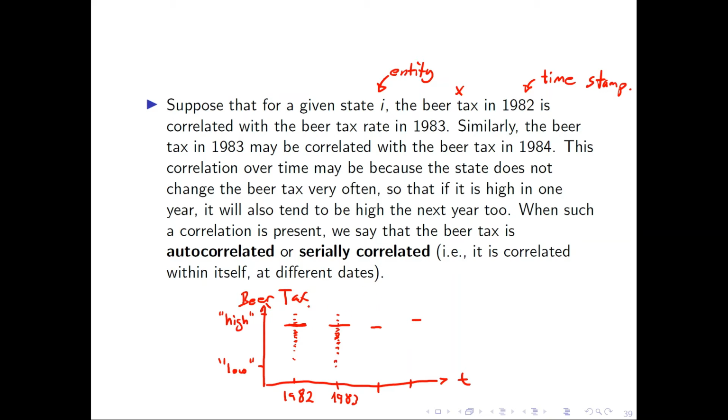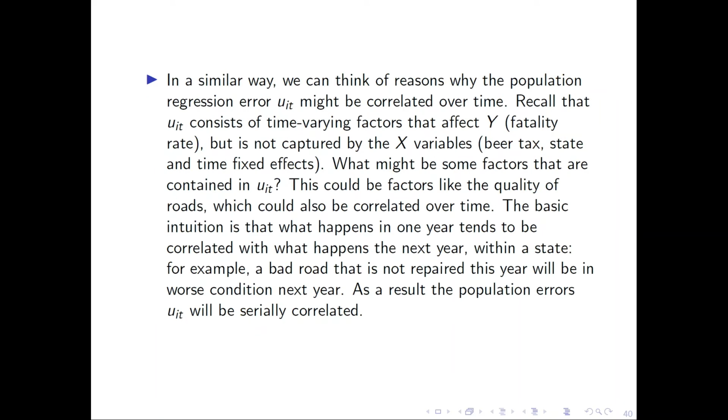Then we call the beer tax autocorrelated, or serially correlated. Let's not forget the residuals, u_it, because we look at both the entity and the time dimension. And as with the x variable, we might collect the residuals.